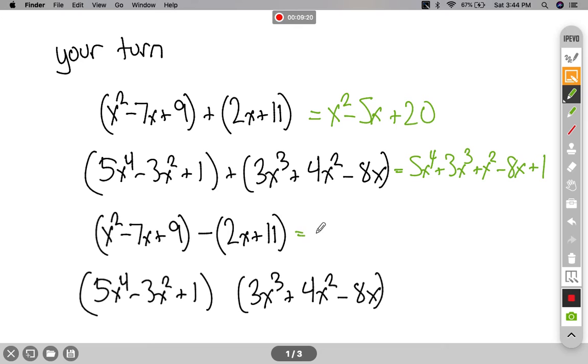On our subtraction problems, we would get x squared minus 9x minus 2. And on this second one, oh, that should be subtraction there, messed up, is going to be 5x to the fourth minus 3x cubed minus 7x squared plus 8x plus 1.